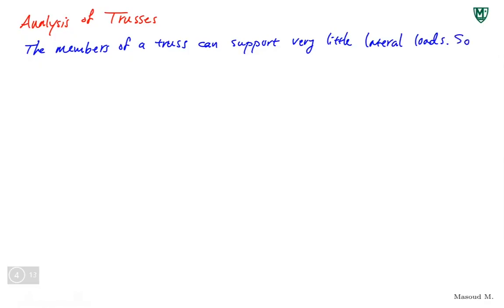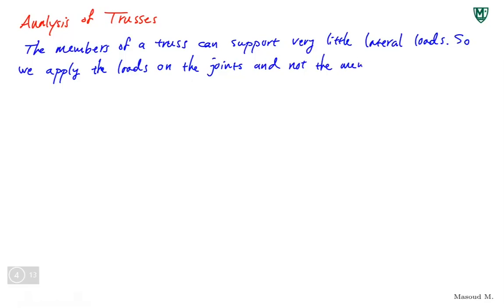So what do we do? When we analyze them, we analyze members separately. So we apply the loads on the joint and not the member, because member cannot handle the load, not the members themselves.